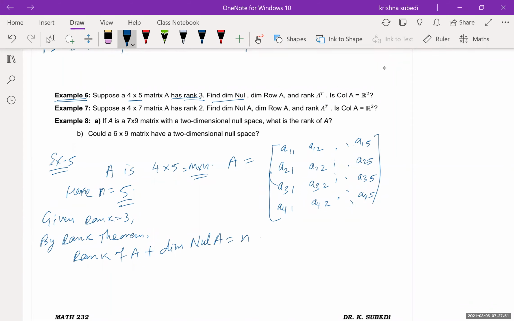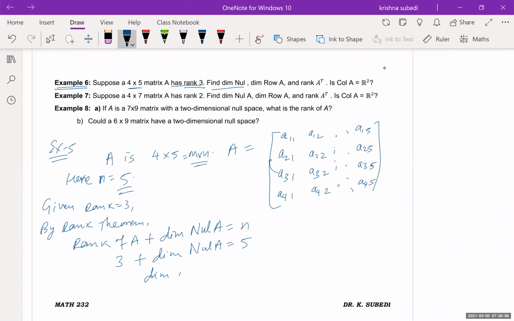So rank of A is already given, which is 3, plus dimension of null A we need to find, which equals n, given as 5. Therefore, you can say that dimension of null A is 2.